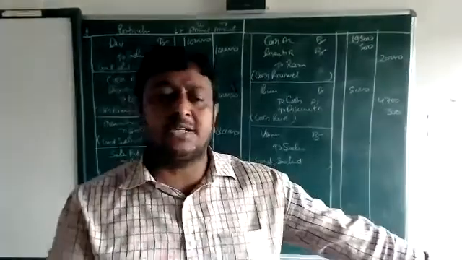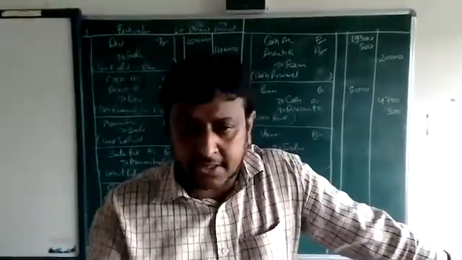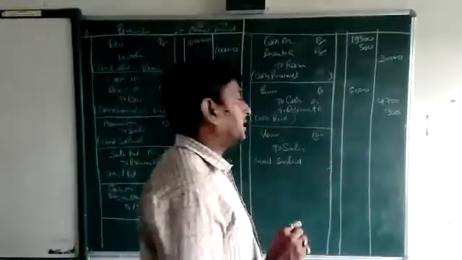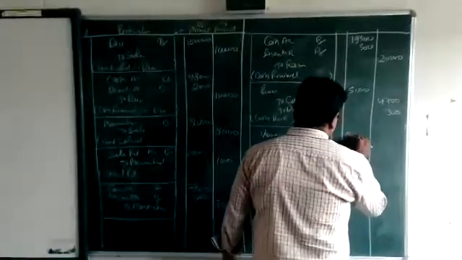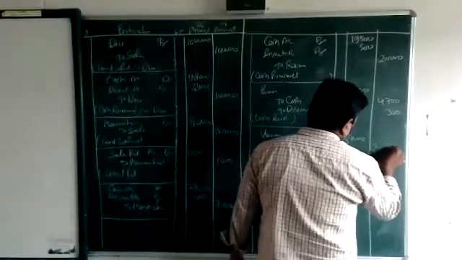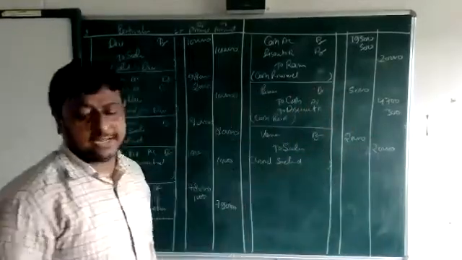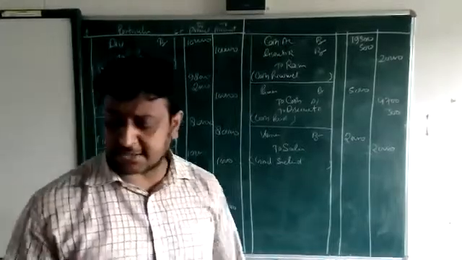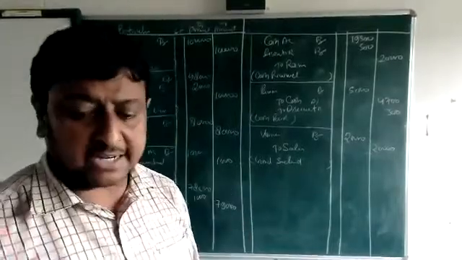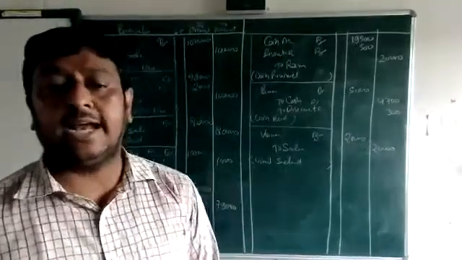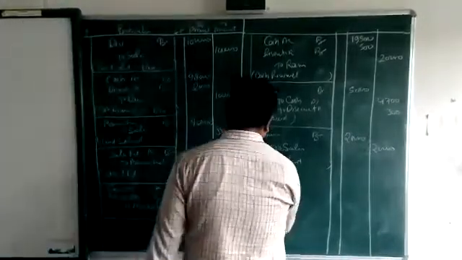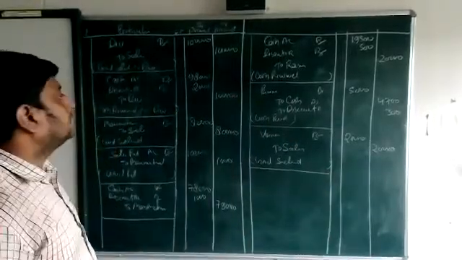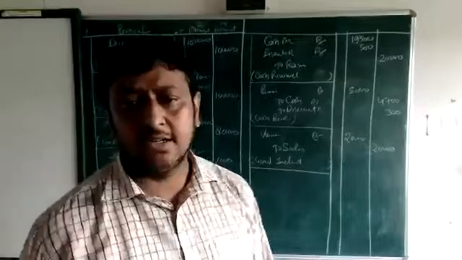Just calculate 20% of 25,000, that is 5,000. That amount will be deducted from this transaction. Then the remaining amount is 20,000. Just see, we have written only this 20,000, nothing else. The trade discount is directly deducted from there. That trade discount we are not going to show. Only cash discount we are going to show. Okay, clear? That is all the entries for question number 4.